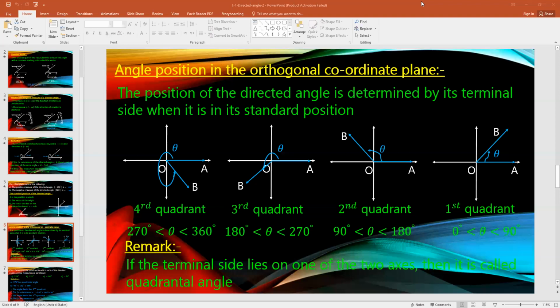For example, the positive measure of the directed angle negative 170: here I have a negative angle, and I want to find the positive, so I will add 360. The second one: the negative measure of the directed angle 320.